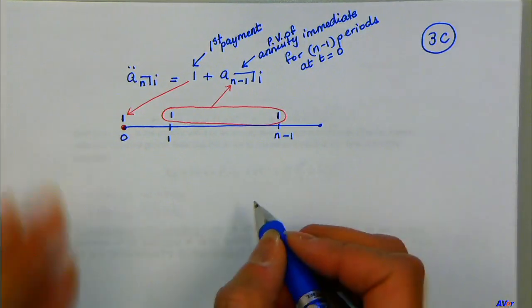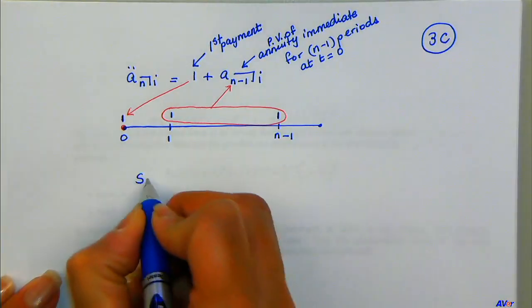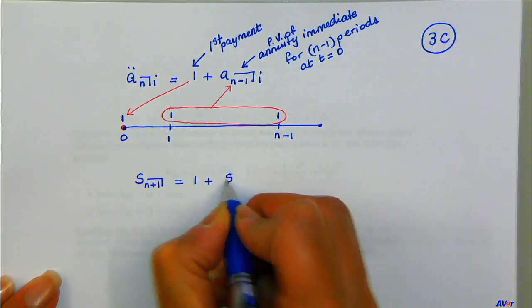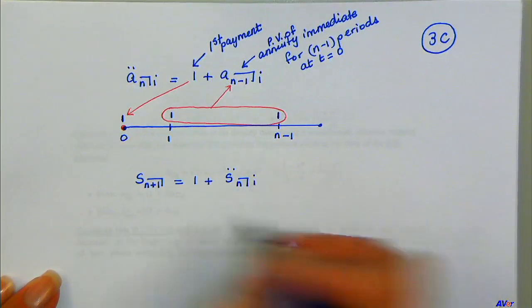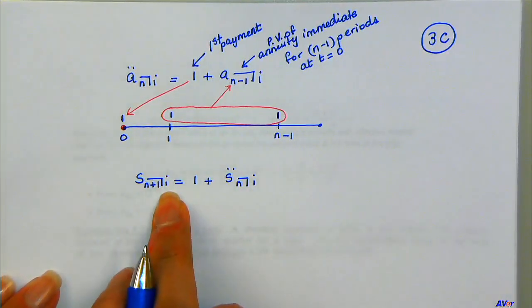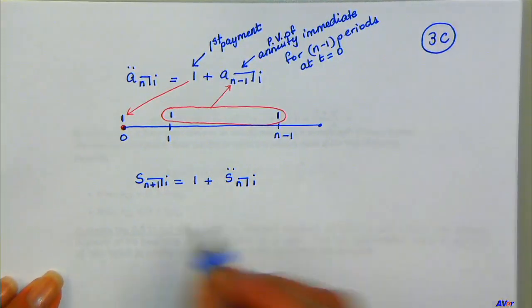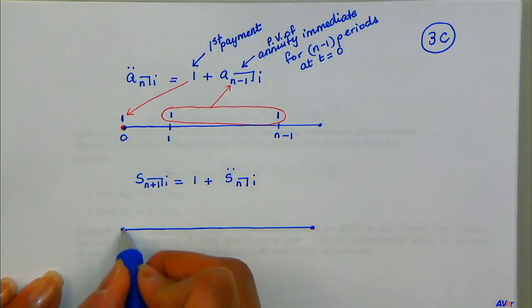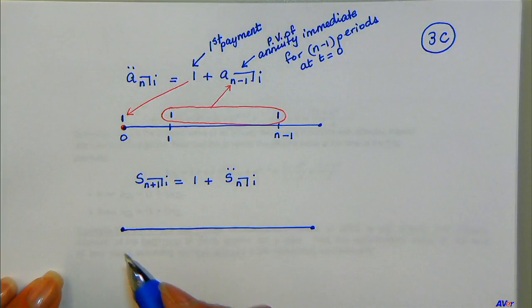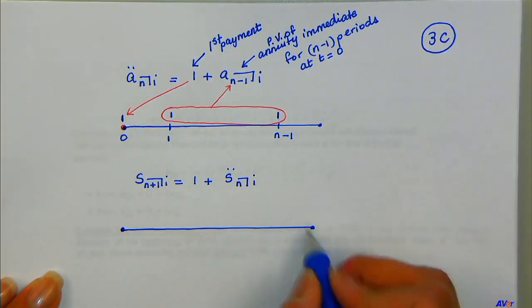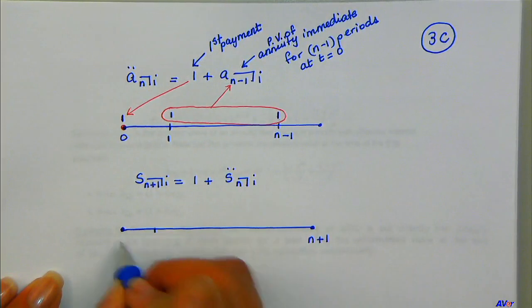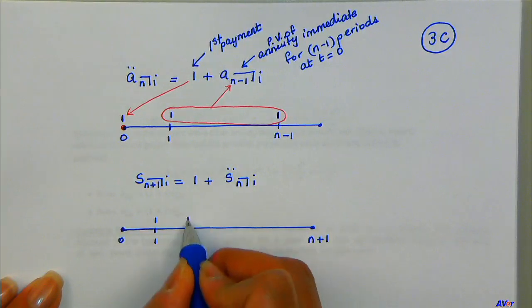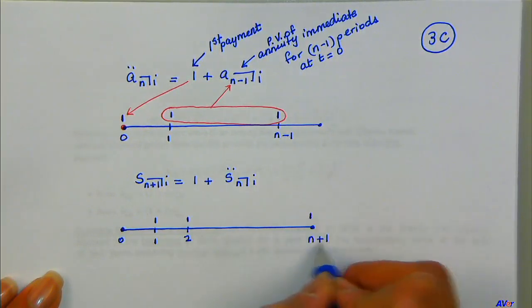Okay, and then how about S angle n plus 1 I is equal to 1 plus S double dot angle NI. And there should be an I here also. So let's draw a picture for that one. S angle n plus 1 I is the accumulated value at time n plus 1 of payments beginning at time 1. 1 at time 1, 1 at time 2, 1 at time n plus 1.